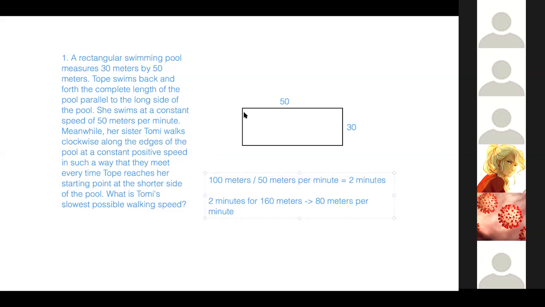Any ideas? $40? So 40 would be slower than this 80 meters per minute, right? So it wouldn't be Tommy's slowest possible walking speed, right?